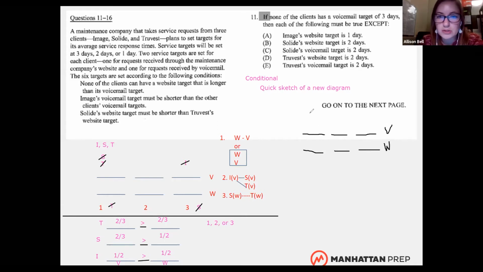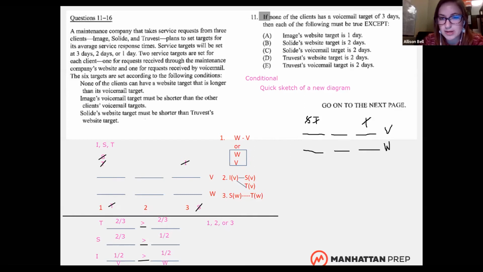I also typically do carry over the inferences that I've already made. So I've already figured out S and T can't go here, that I cannot be in third, and then the inferences about S and T on the bottom.